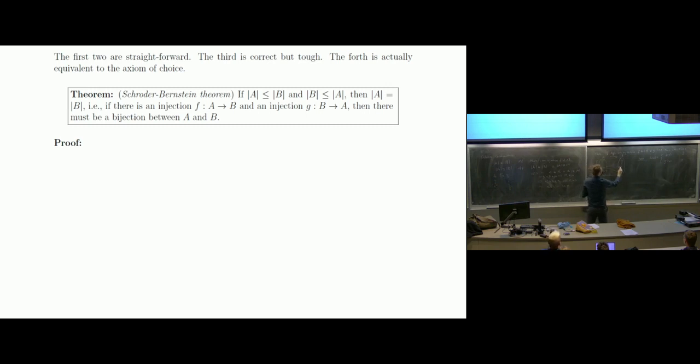Okay, so this guy here, who's in the image of G, if I'm trying to do this, I have two choices, right? I can either use F or I can use G inverse. But I can't use G inverse anymore. Why? Because I'm going to make an injection.